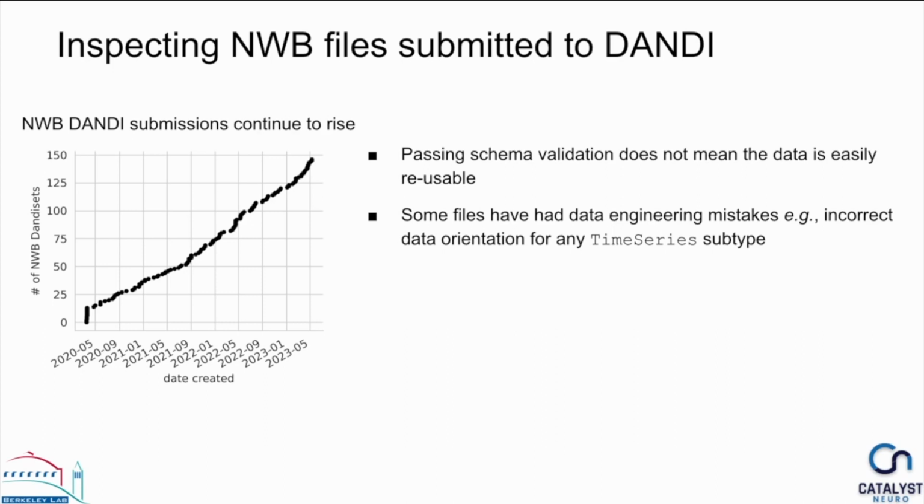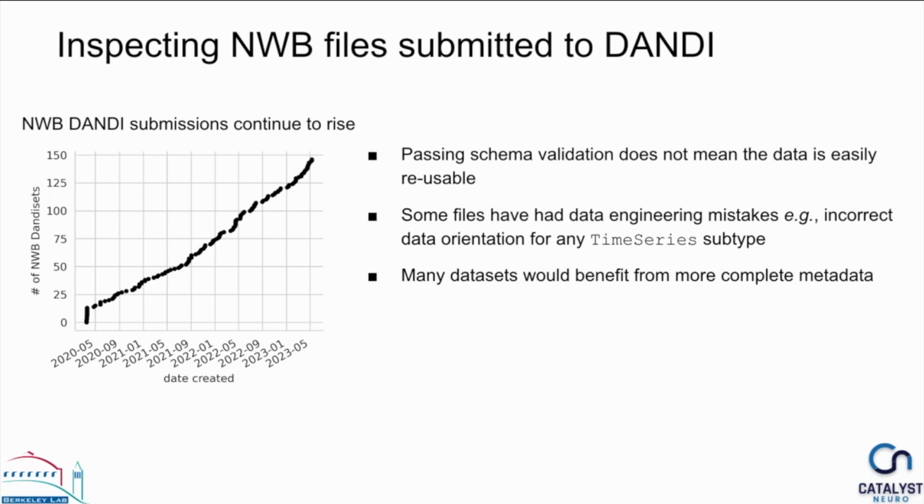Especially, there are very subtle data engineering mistakes that can sometimes happen, such as incorrect data orientation for any time series type. Ryan emphasized heavily during his tutorial yesterday that all time series must have time as the first axis. But we've seen plenty of output files from the past where there's a transposition that someone was just not aware of. And that immediately is very confusing to someone trying to reuse the data.